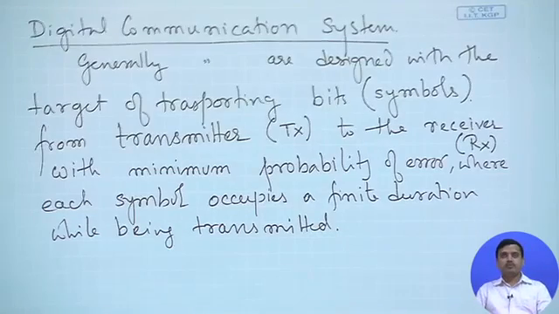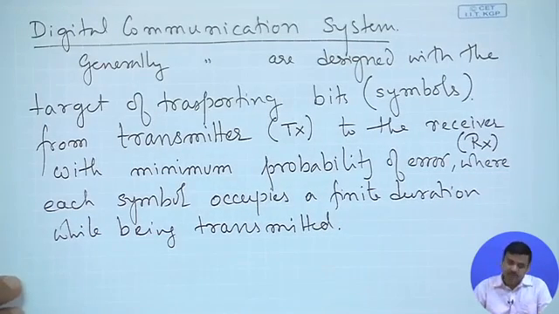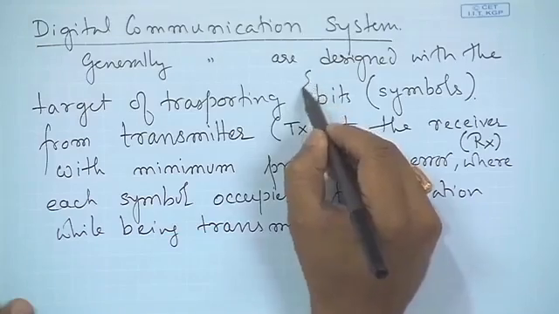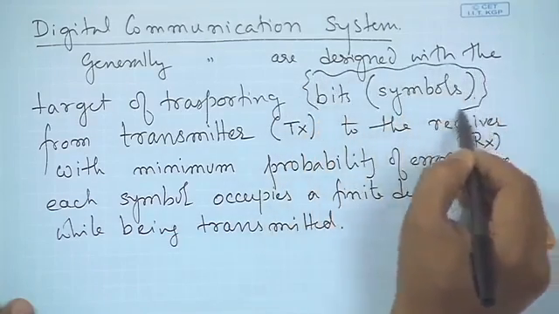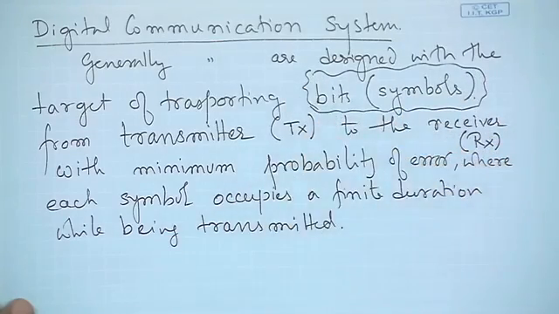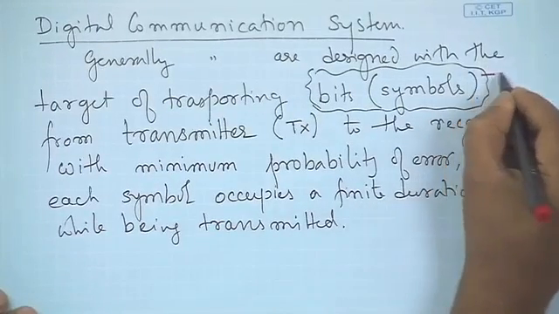Now, when we put forward this particular statement, we are actually bringing in a few important words for the first time in this particular course. So, we will spend a little while trying to elaborate on them so that we get into the mode of thinking in those terms. One of the things that we have made quite different compared to the analog communication system is the symbols or bits.